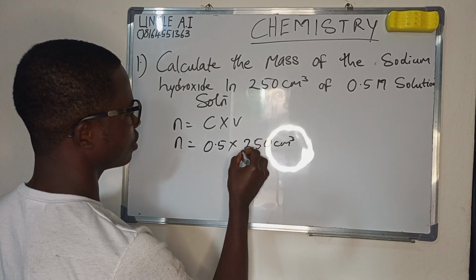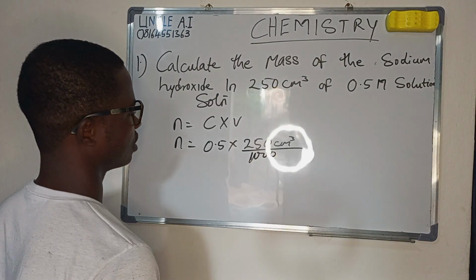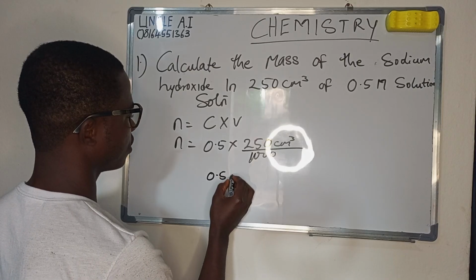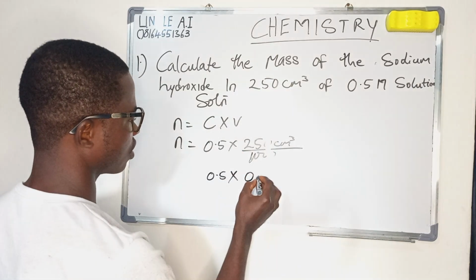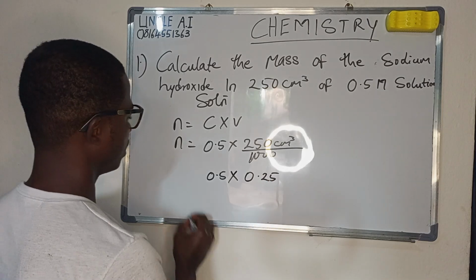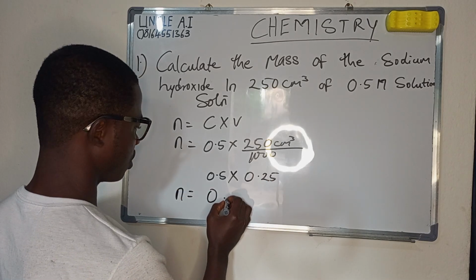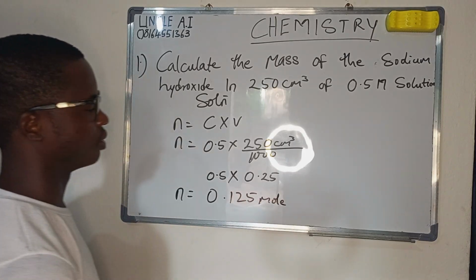Then you convert the volume to dm cube by dividing it with 1000. When you divide it with 1000, you now have 0.5 mole times 0.25. Then the number of mole here is 0.125 mole. That's step 1.